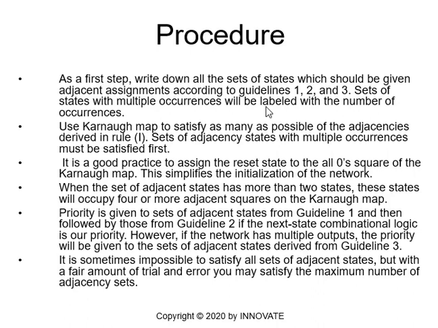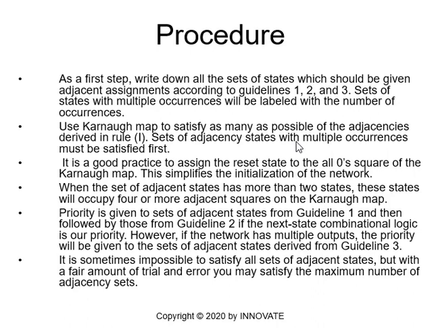So for instance, if the guidelines give me more than one set, we will have priority on the set which repeats itself. Using the K-map to satisfy as many as possible of the adjacencies derived in Rule 1, sets of adjacent states with multiple occurrences must be satisfied first. So if I have multiple occurrences of a specific set, I have to give it priority.